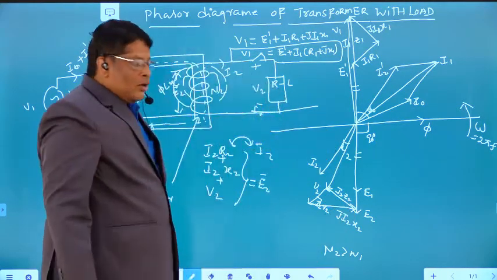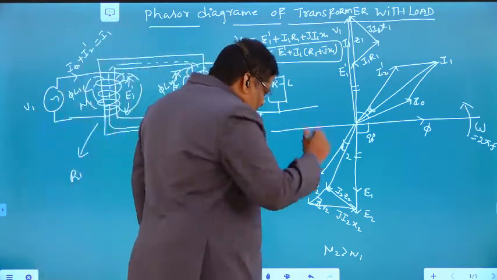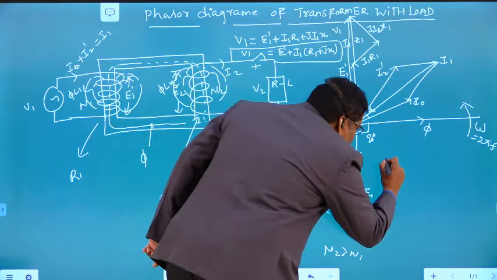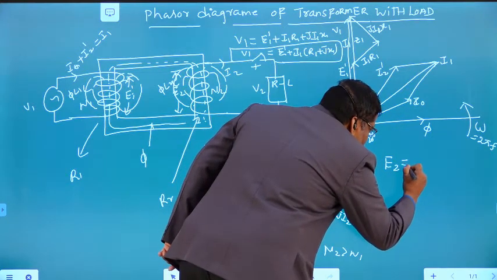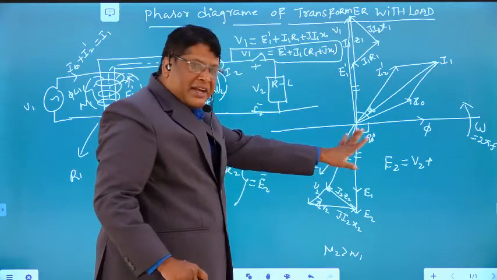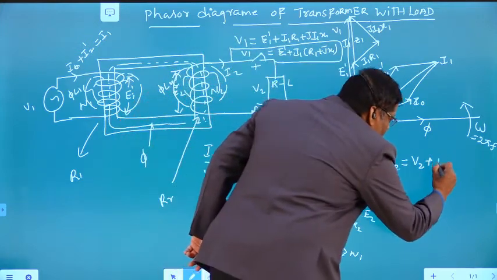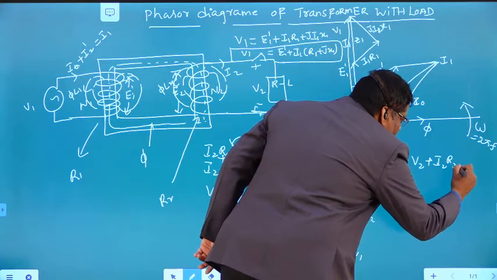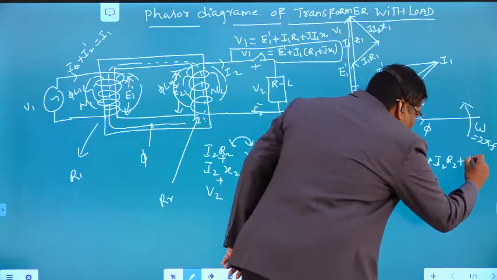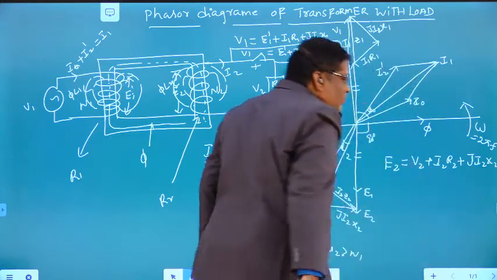Now from this phasor diagram, if you write the voltage equation for the secondary side, E2 equal to V2 plus I2 R2 plus J I2 X2.